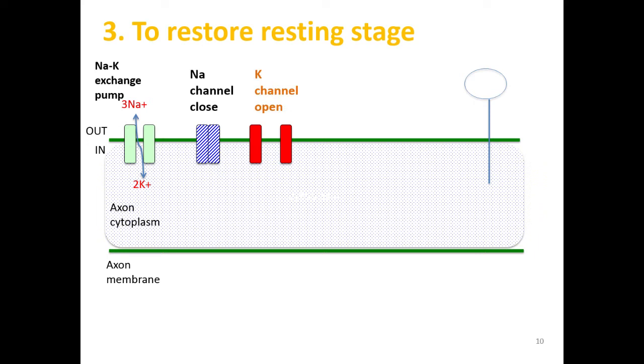As a result, potassium ions rush out of the axon down their concentration gradient. Now, there are too many positive ions being lost from the axon, and the membrane potential drops towards the resting value of minus 70 millivolts.